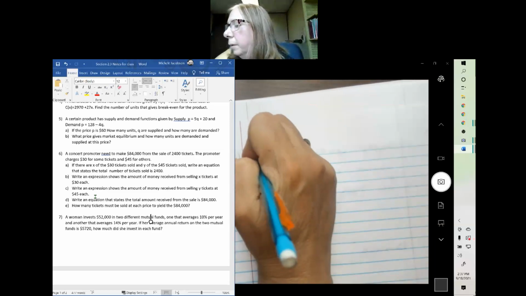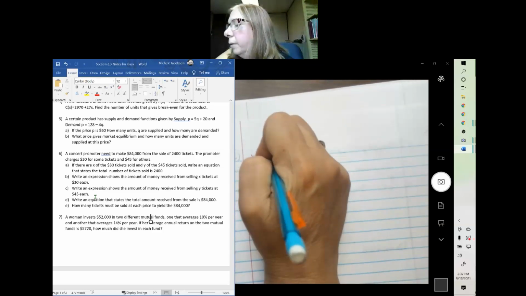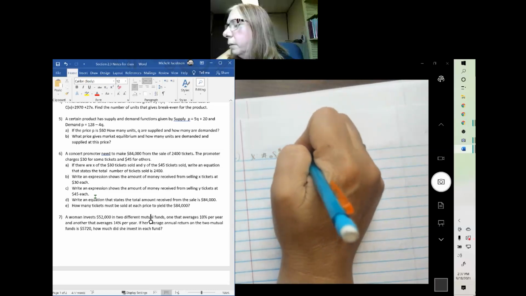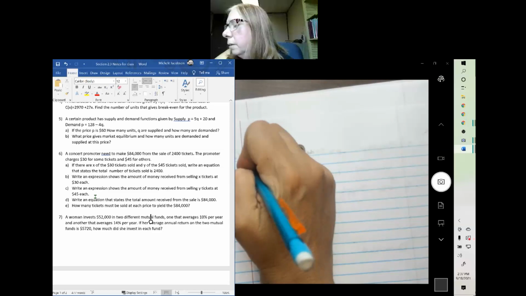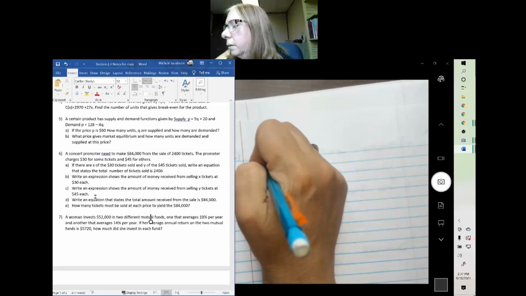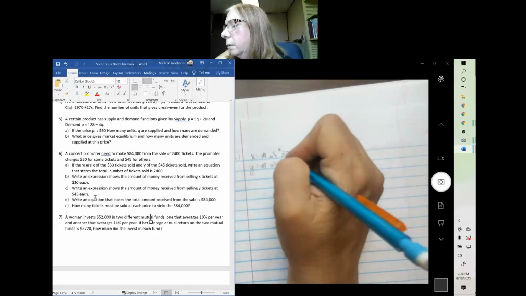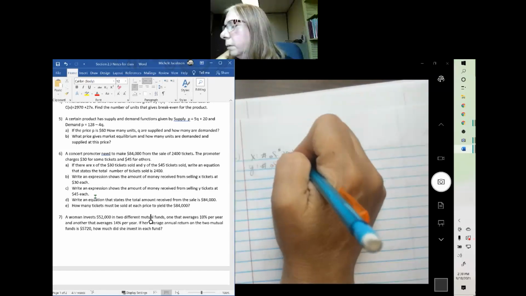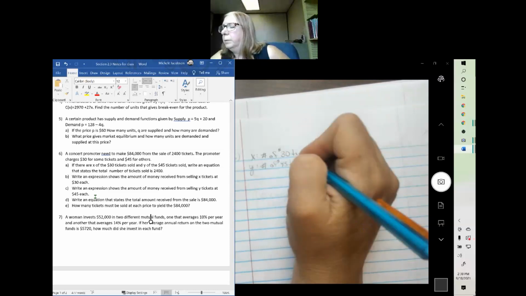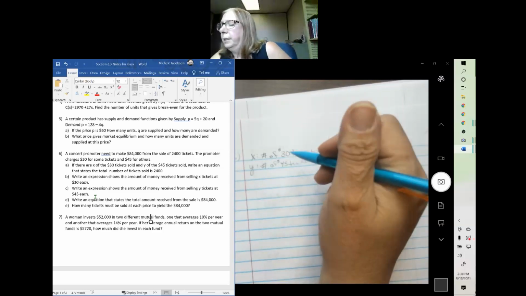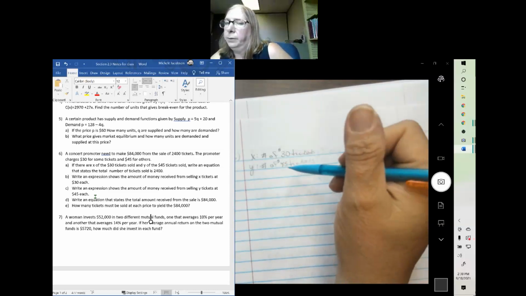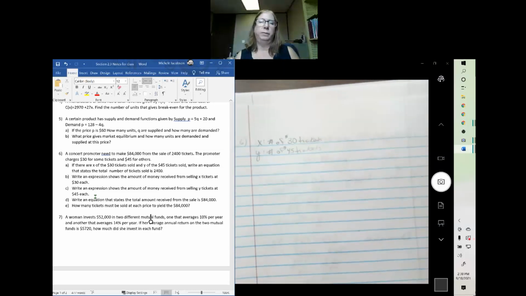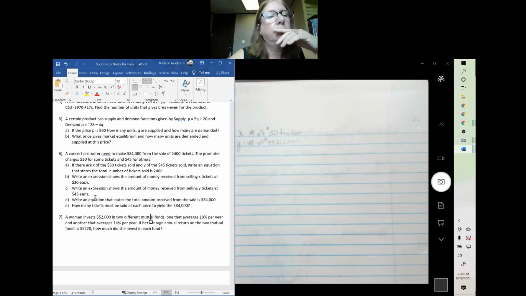So we'll let X be the number of $30 tickets. So the number of $30 tickets I let be X, and the number of $45 tickets I let be Y. You should always label your variables.